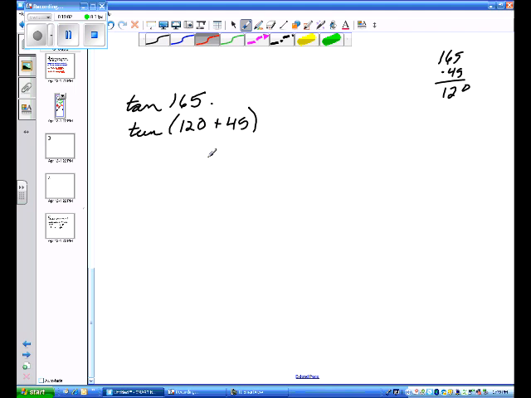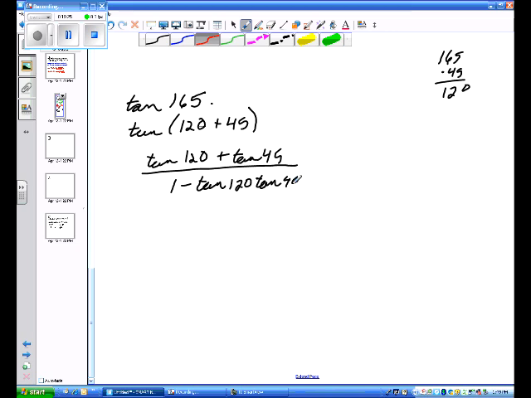And it doesn't matter, you can put 45 plus 120. So our identity tells us that that's the tangent of the first plus the tangent of the second divided by 1 minus the tangent of the first times the tangent of the second.